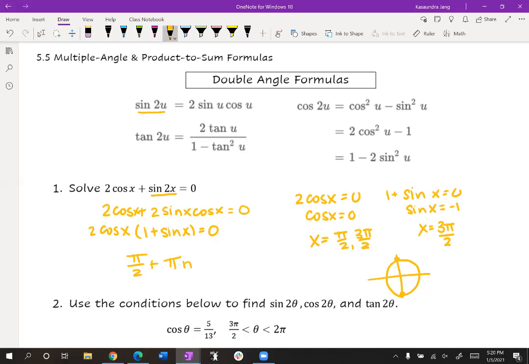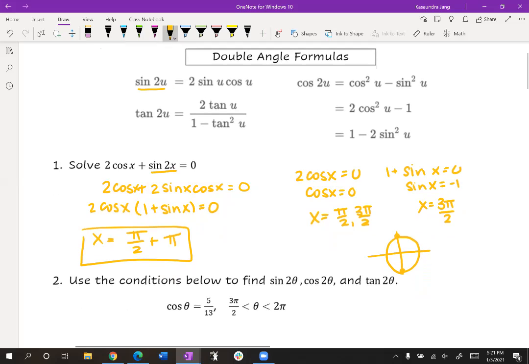So every n pi. So pi halves plus 1 pi, pi halves plus 2 pi, pi halves plus 3 pi. I keep going around and around a distance of pi each time. Okay, so here's my x.